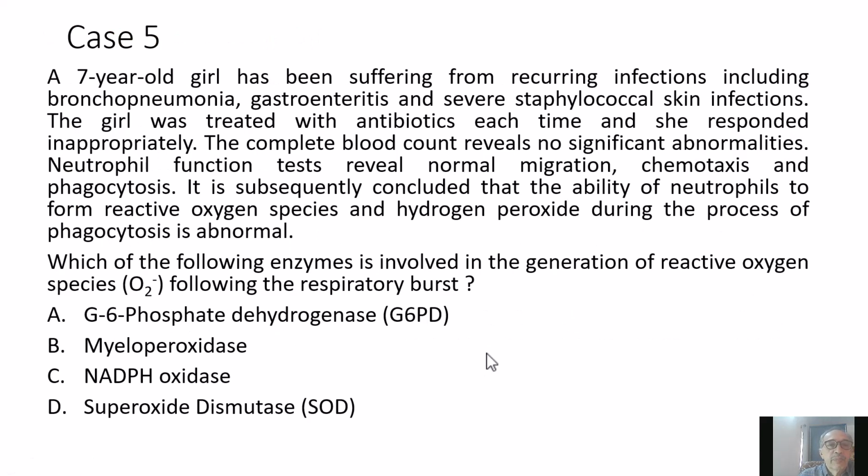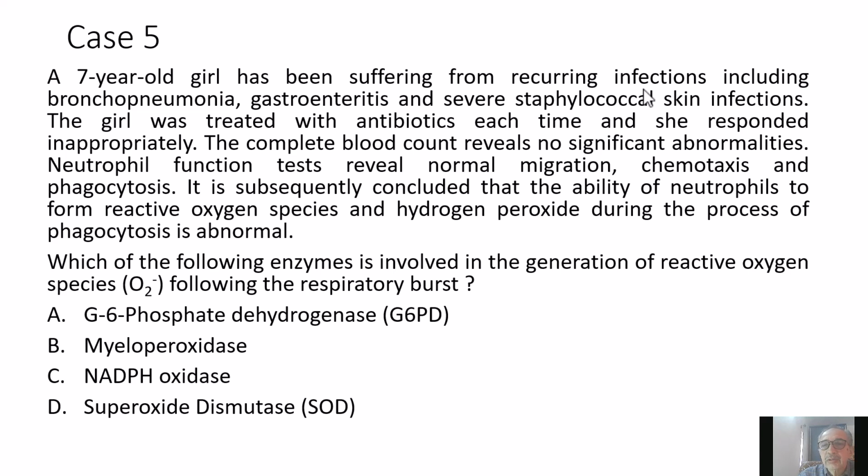Case 5. A 7-year-old girl has been suffering from recurrent infections. These are bronchopneumonia, gastroenteritis, and staphylococcal skin infection. The girl was treated with antibiotics each time, but responded inappropriately, not with very good results. Recurrent infection is worrisome.